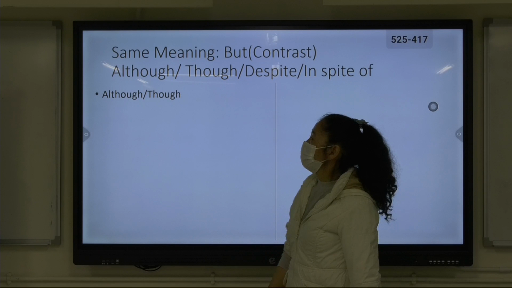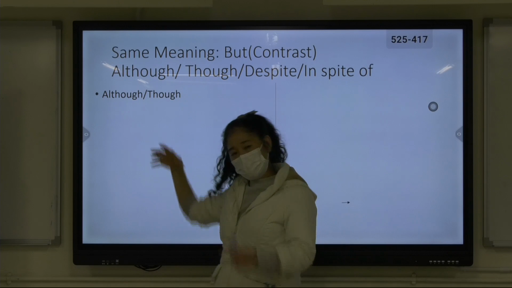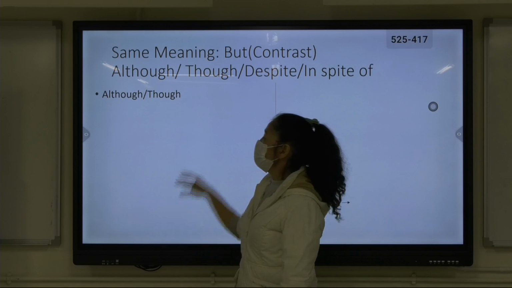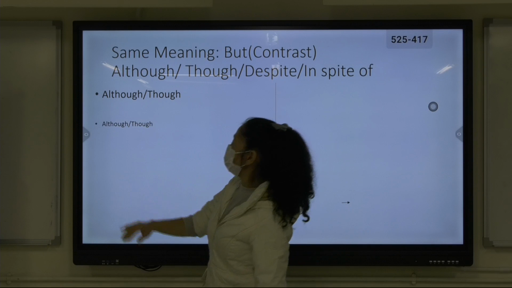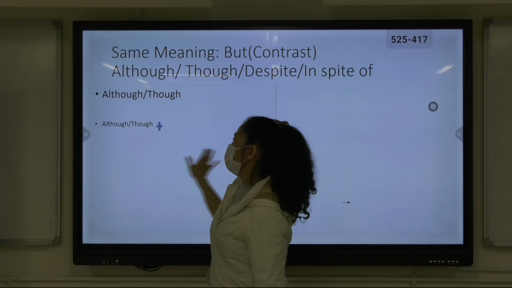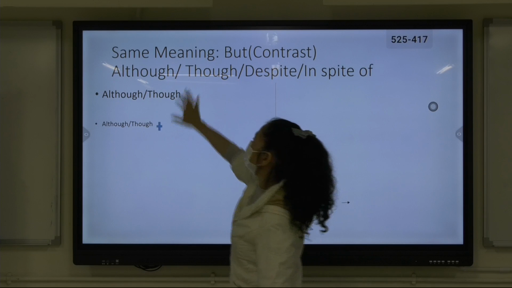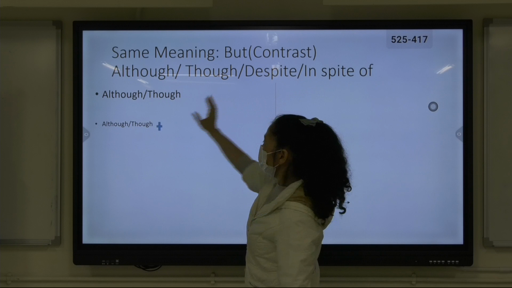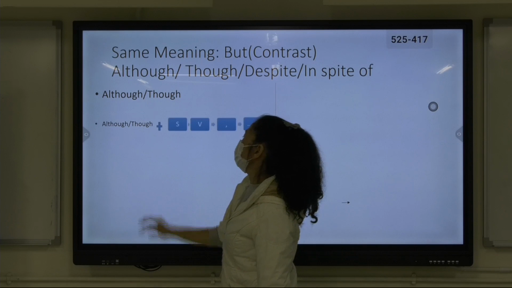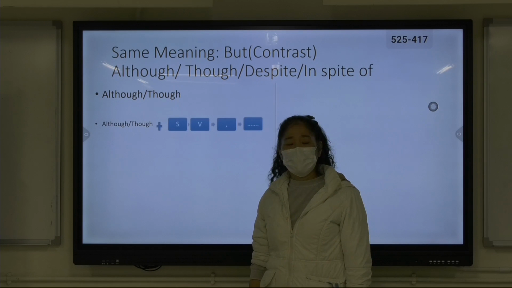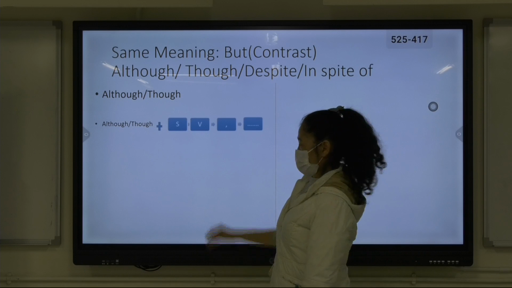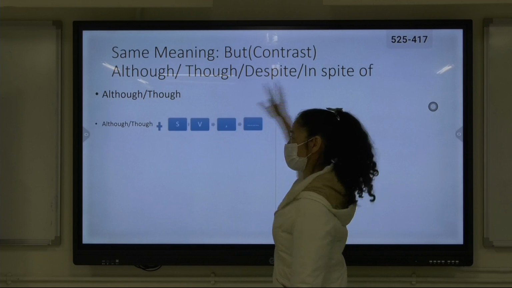However, these two are in one group, although and though. What are the differences between this group and that group? Although and though have a very special grammatical structure, different from that one.